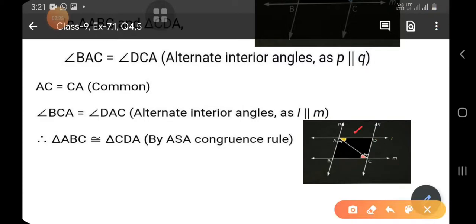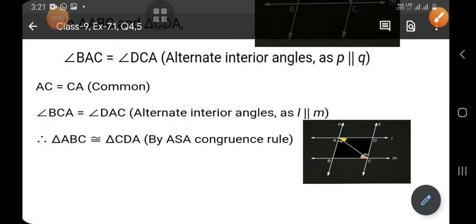Look at here, angle BCA, that means this angle, and DAC, this angle, which is denoted in yellow color. You can see here both are alternate interior angle, so both the angles will be equal. So it means that angle BCA is equal to angle DAC.